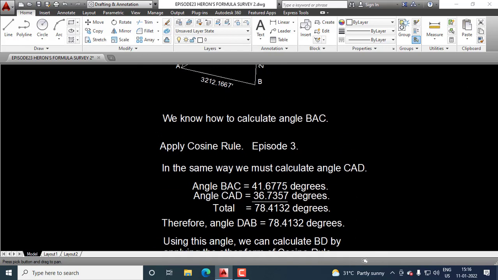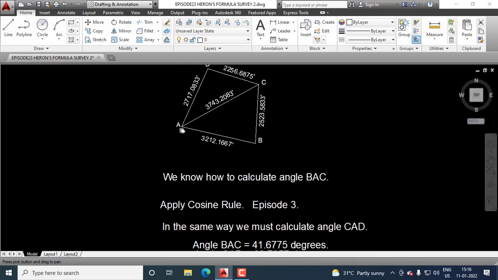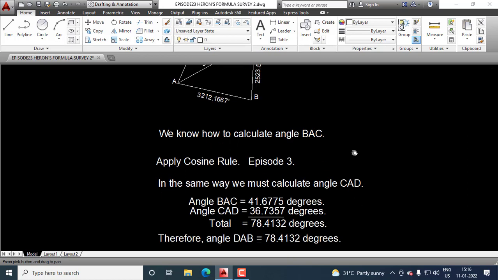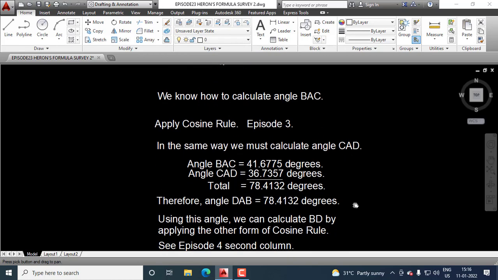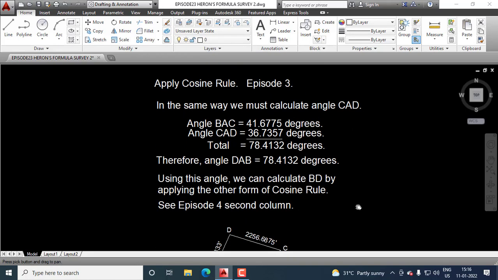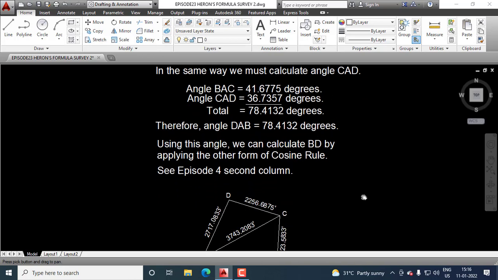Therefore, angle DAB, this angle, is 78.4132 degrees. Using this angle, we can calculate BD by applying the other form of the cosine rule. This method is described in episode 4, second column.